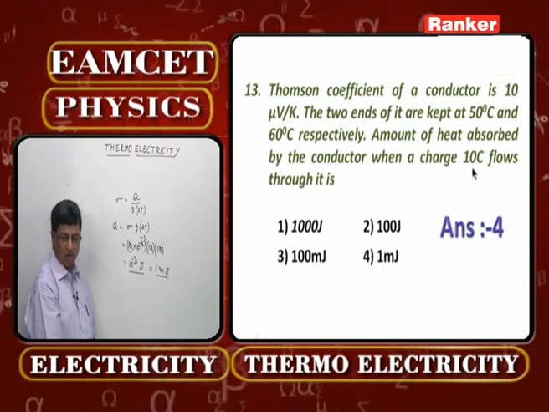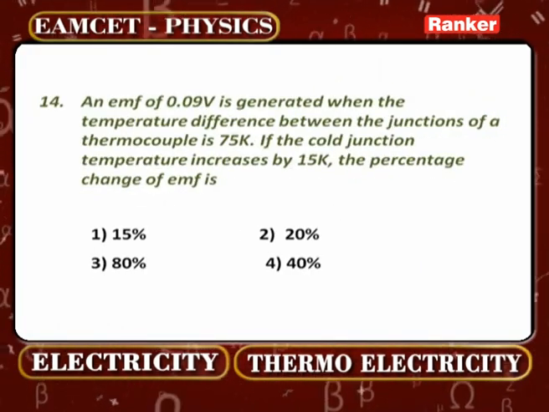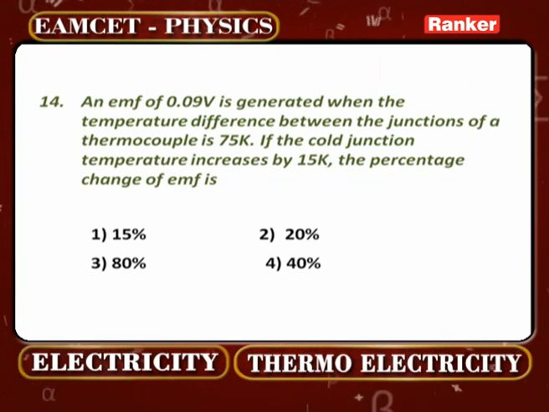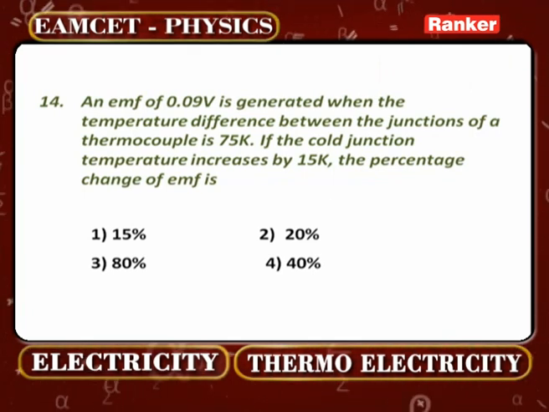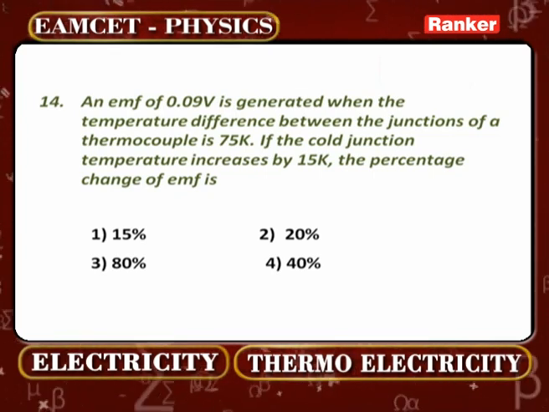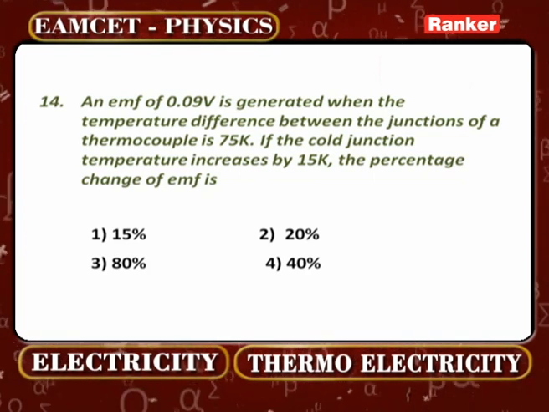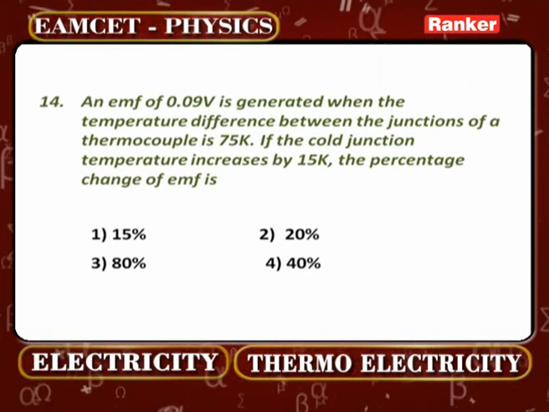Look at the next one, that is problem number 14 this time. An EMF of 0.09 volt is generated when the temperature difference between the junctions of a thermocouple is 75 Kelvin. If the cold junction temperature increases by 15 Kelvin, the percentage change in EMF is a wonderful question in fact.